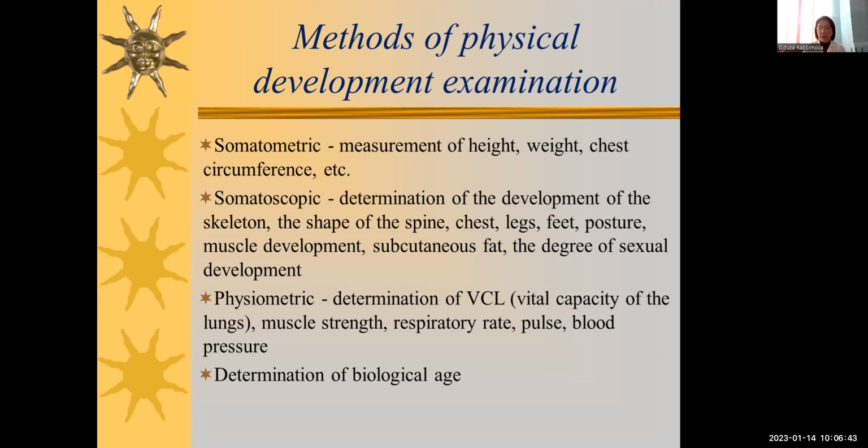This method is determination of some physiological indicators, such as vital capacity of the lungs, muscle strength, changes of respiratory rate, pulse, blood pressure, and others, and determination of biological age.